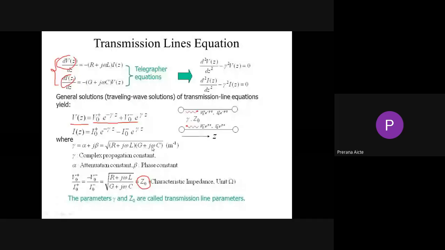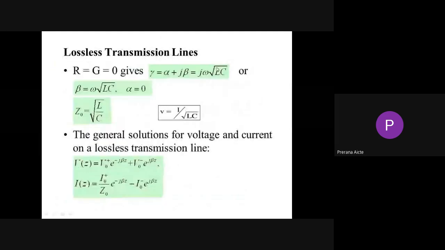Then it becomes (jω) whole square, and taking it out of the square root, it becomes jω into the square root of LC. Now comparing the real part and imaginary part, here α is equal to 0 and β is equal to ω into root LC. So there is no real part, so there is no attenuation constant, only the phase constant.